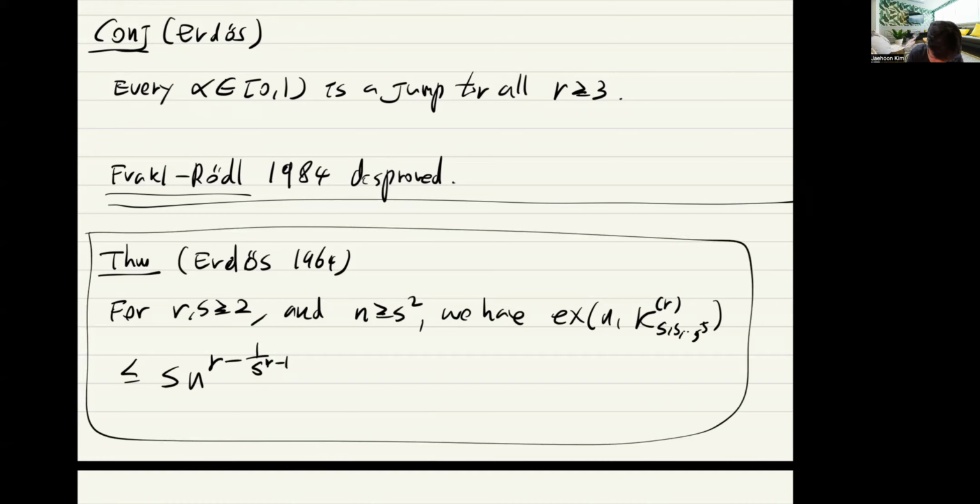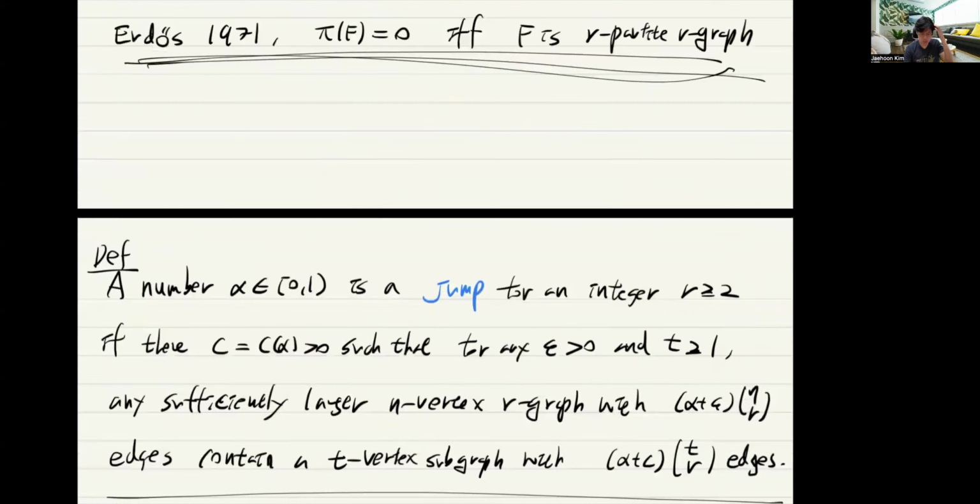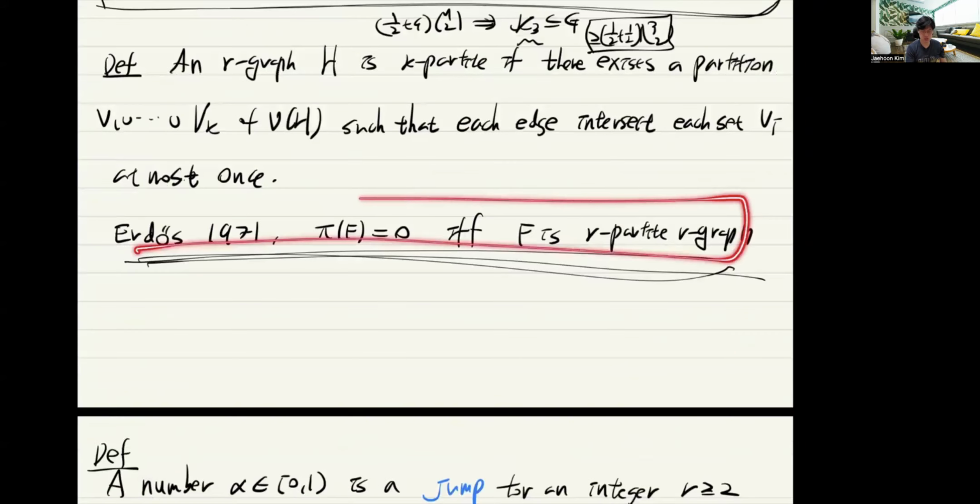Here K to the bracket r denotes the uniformity, so this is an r-graph, the r-partite r-graph with s vertices in each of the r parts. If we know this, then we immediately get this statement.